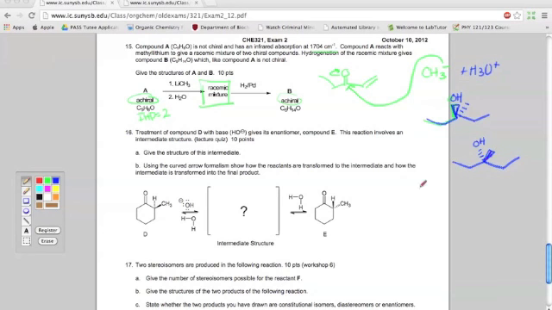I'm going to get this. So these two drawings that we did do fit the two steps.